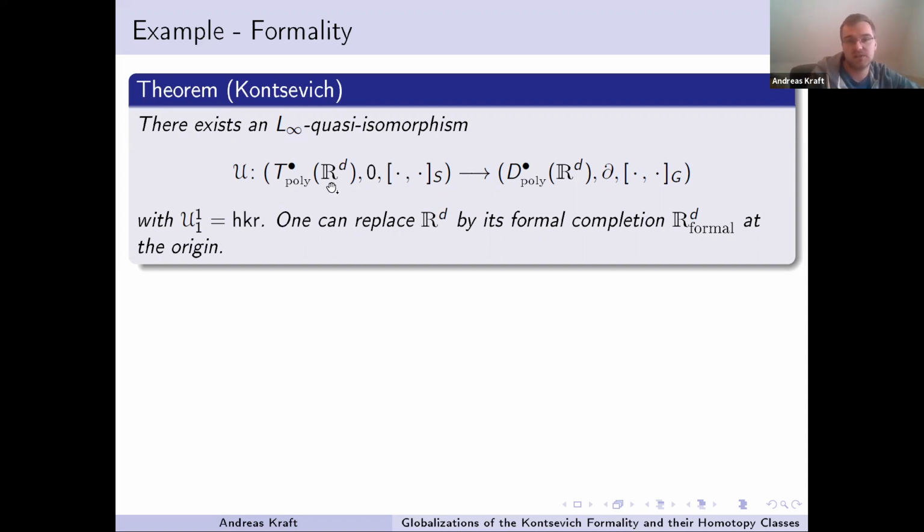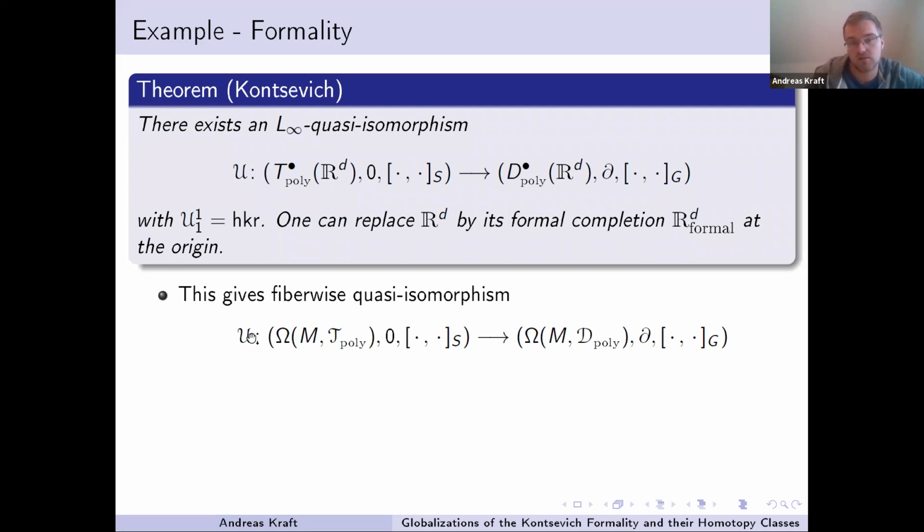So one property is that we can replace here R^d by its formal completion at the origin. And another property is that the formality is equivariant with respect to linear transformations. And these two properties ensure that we have this fiberwise Kontsevich formality between the Fedosov resolutions.